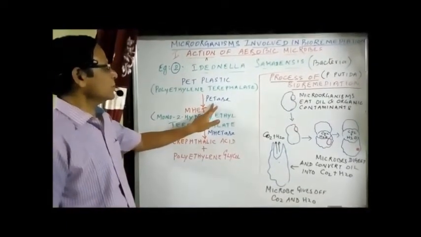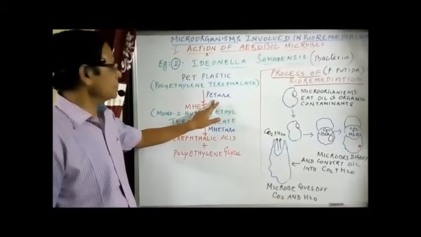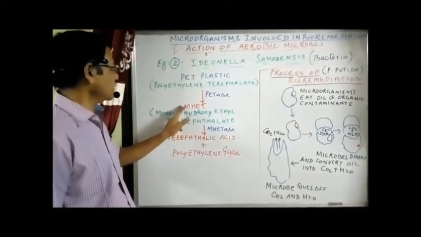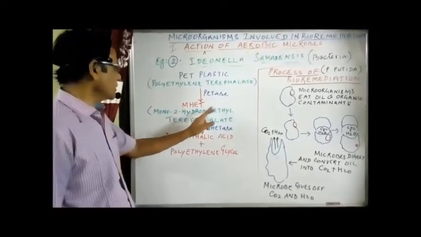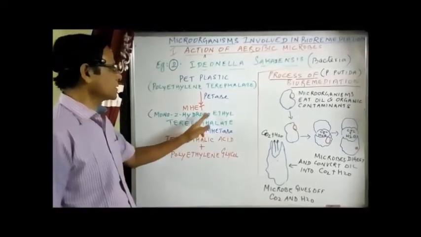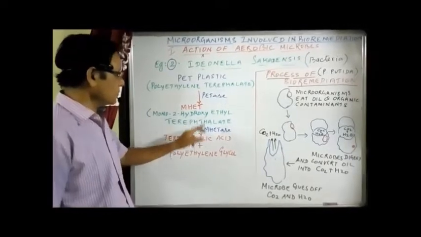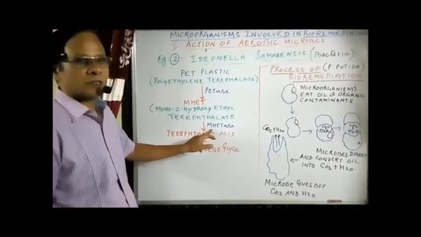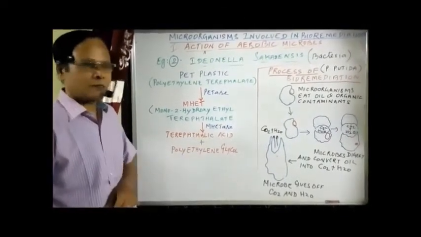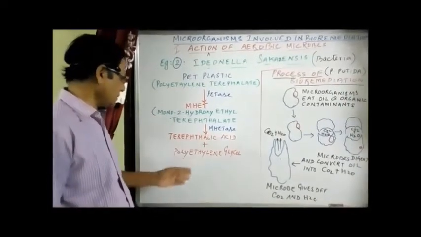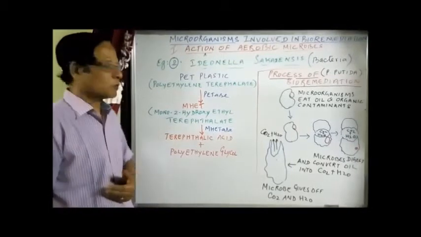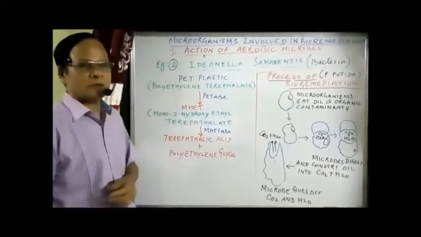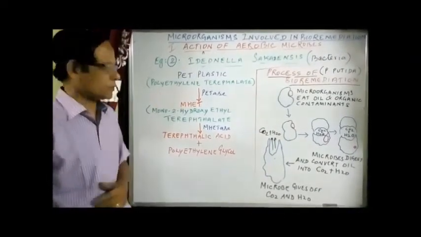With the help of the hydrolase enzyme, PET breaks down to form MHET, that is mono 2-hydroxyethyl terephthalate. That is a second product. This is broken down further with the help of MHETase, the hydrolase enzyme, into terephthalic acid and polyethylene glycol. They are consumed by the bacterium Ideonella for their carbon source.